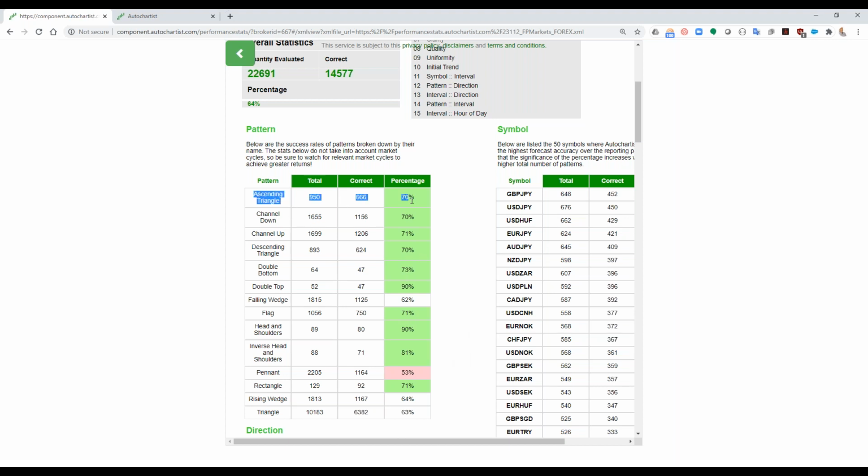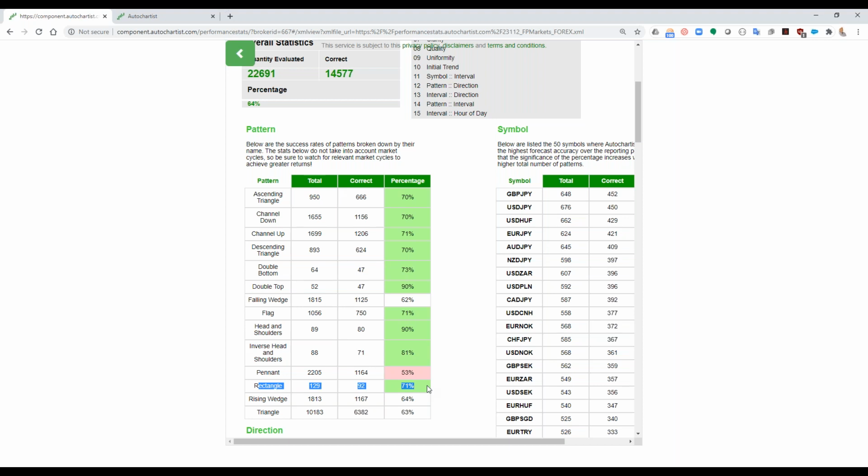But the thing that I want to highlight is some of the things that I look at. I look at what I call chart patterns with horizontal components to them, right? So ascending triangles, descending triangles, double tops, double bottoms, head and shoulders, inverse head and shoulders, right? Rectangles.